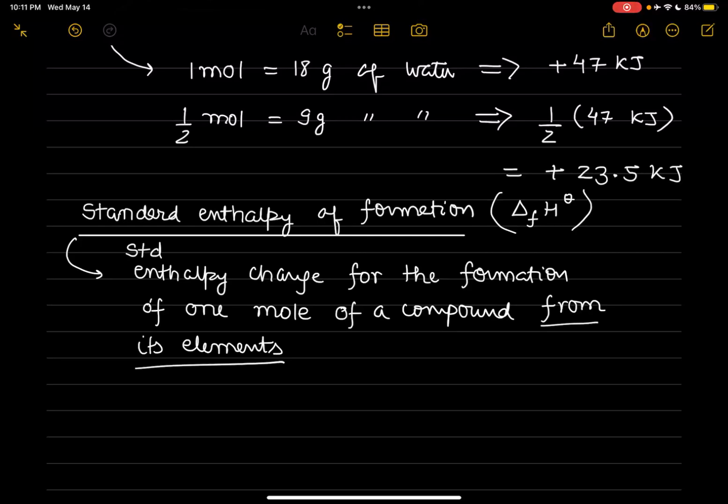So a compound can be prepared in many different ways. For consideration of standard enthalpy of formation, you need to prepare the compound from its elements.